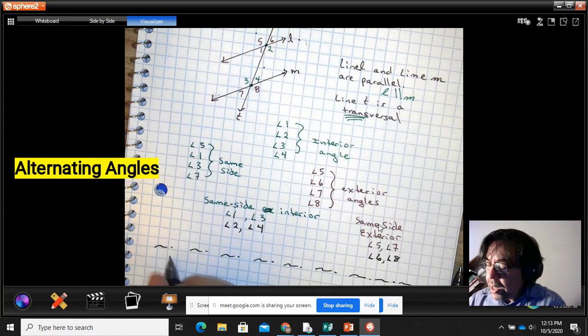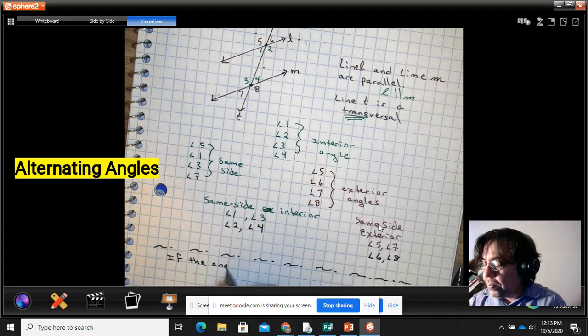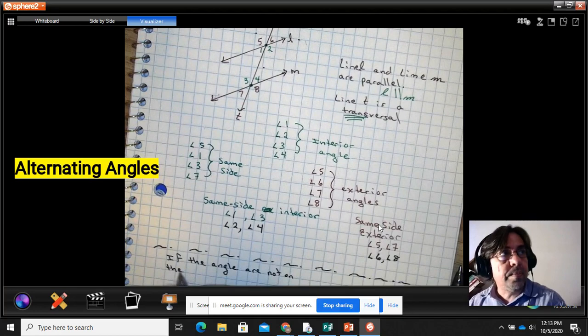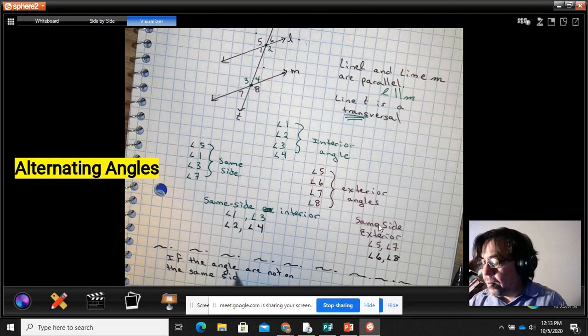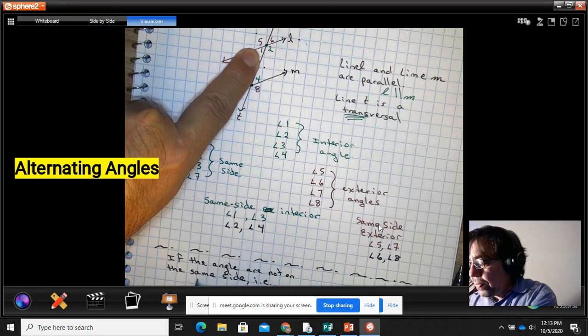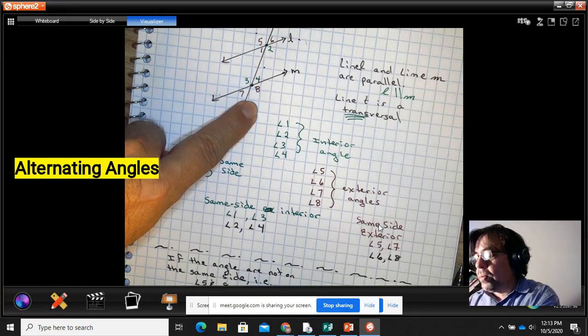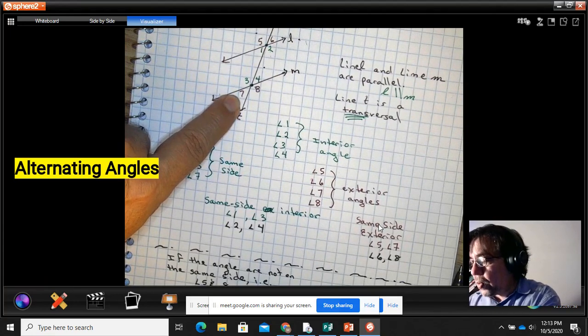So if the angles are not on the same side, for example, angle 5 and angle 8, or we could say angle 3 and angle 4.